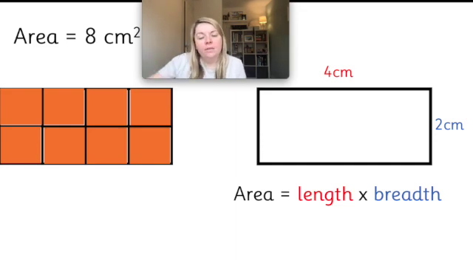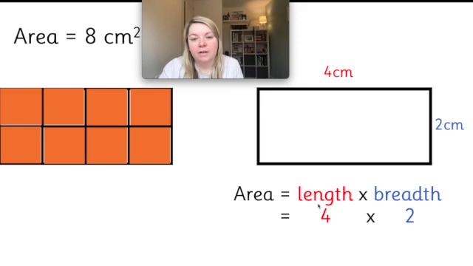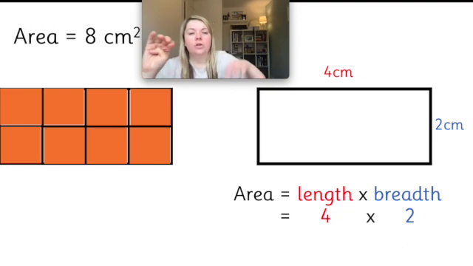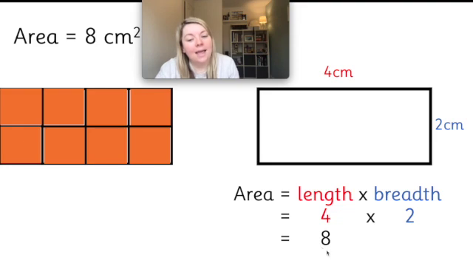So if I multiply the length of my rectangle, which is 4 centimetres, which I've put here, by 2 centimetres, which I've put here, 4 times 2, 2 groups of 4, 2 groups of 4 are 8. So my answer is 8.